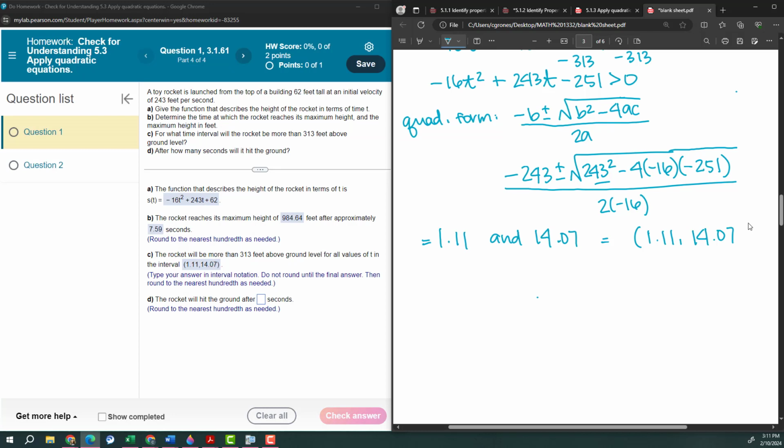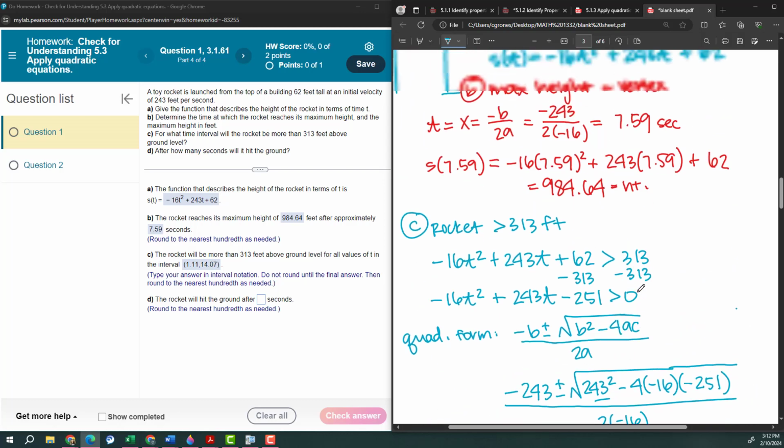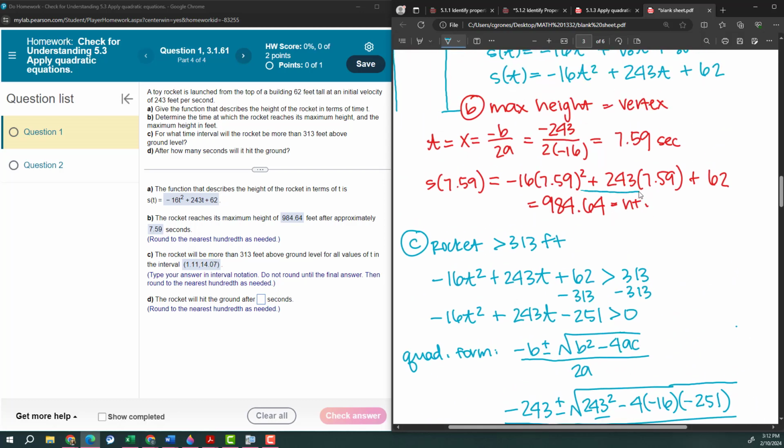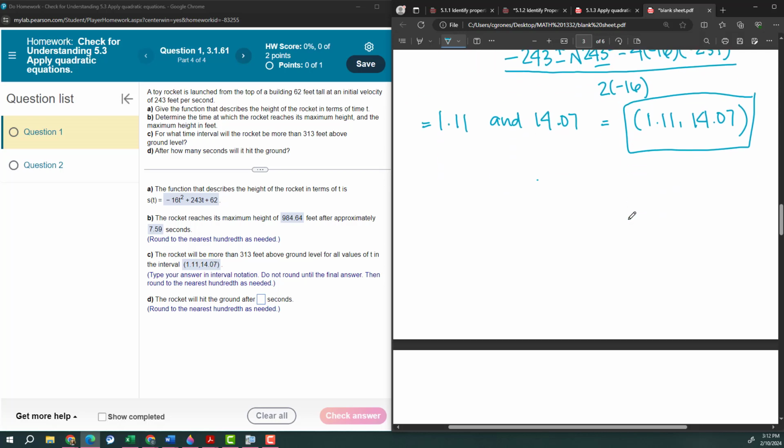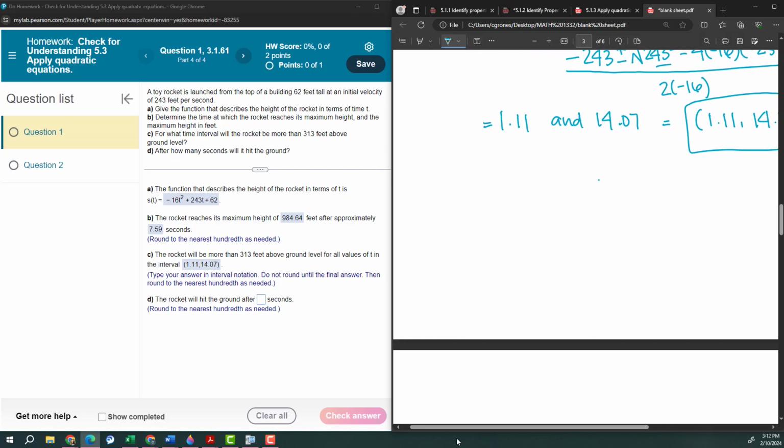All right, and then part D says that the rocket will hit the ground after blank seconds. So we want to see when our rocket will hit the ground.